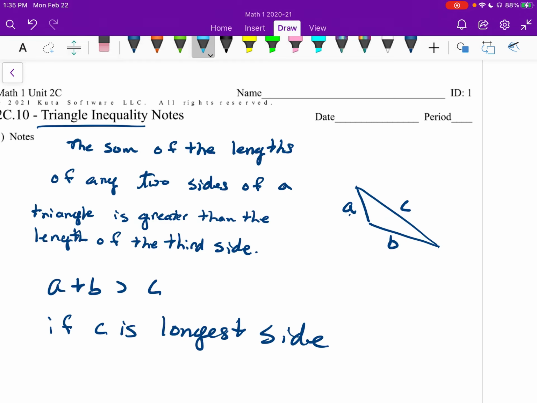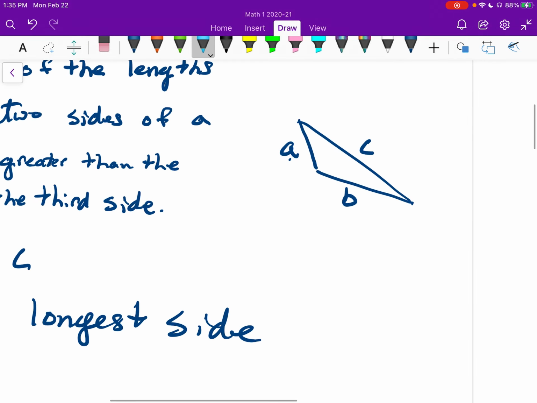Now, if we said the two short sides were equal, then think about that. Here it would maybe be A, here would be B. Let's say this is A plus B. Well, that wouldn't make sense, because they would end up going on top of each other. It's hard to draw because it doesn't really work.